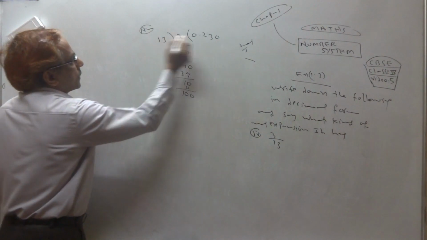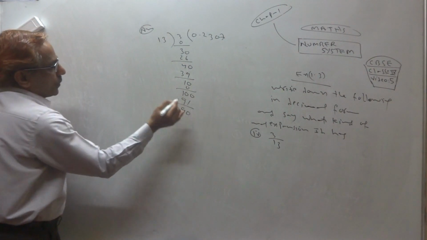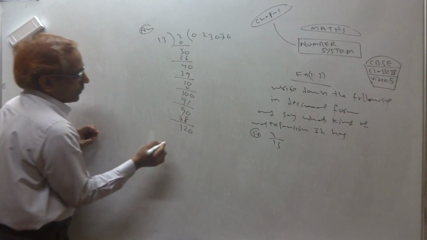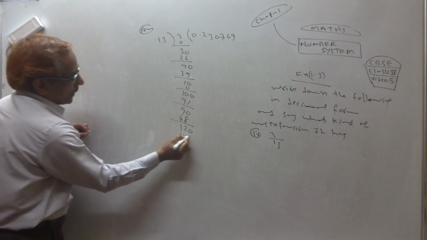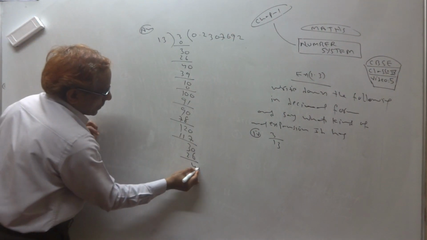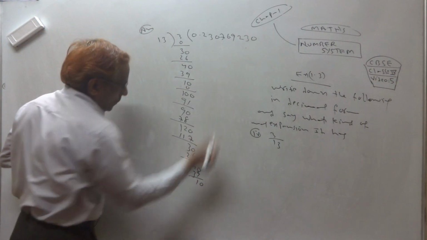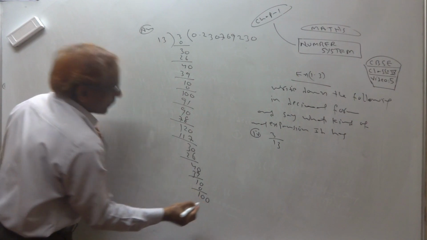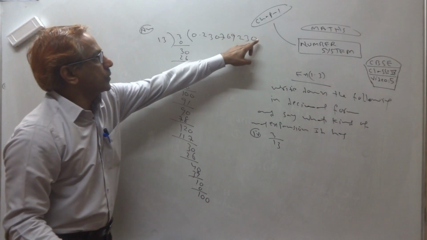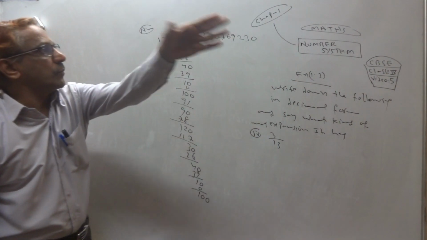Now you can take 0. 13 sevens are 91. 9 left. 0. 13 sixes are 78. 12 left, 0. 13 nines are 117. 3 left, 0. 13 twos are 26. 4 left, 0. 13 threes are 39. 1 left, 0. 13 zeros are 0. 10 left, 0. So you see that 2 3 0, again it will come 2 3 0 7 6 9. You will get 230769, 230769, it will be continued.